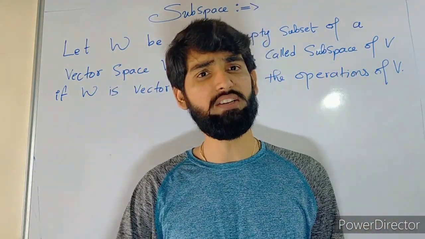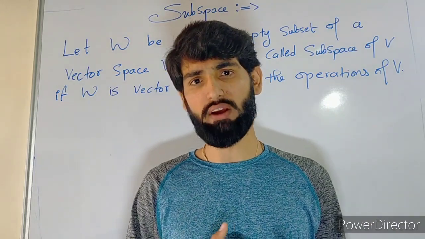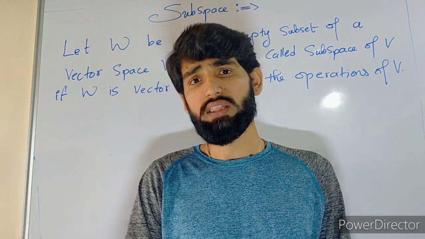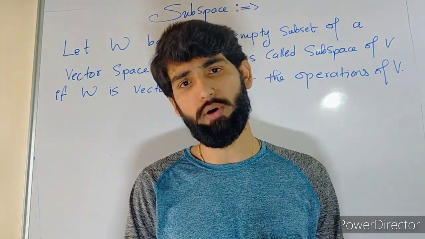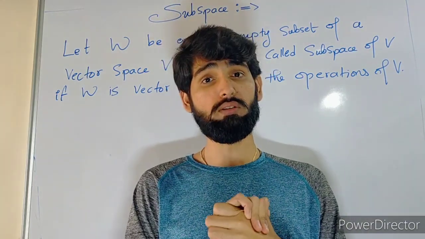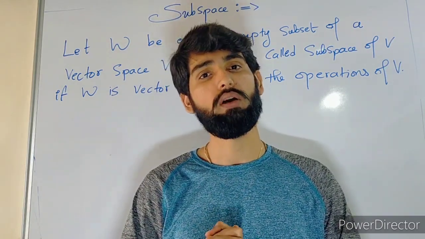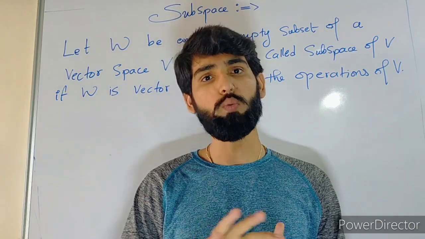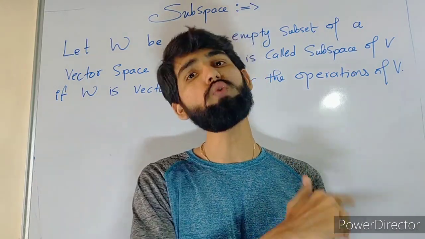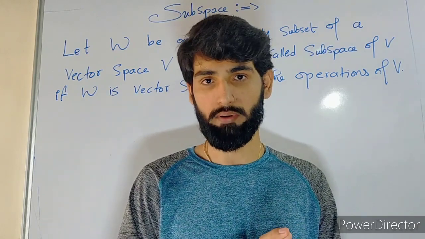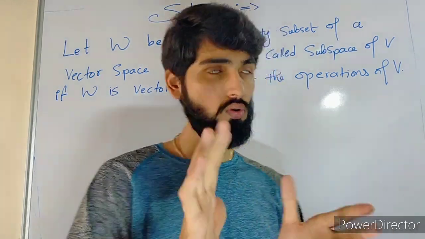But when I want to check whether a given non-empty subset is a subspace, there are some easy tricks, or an easy theorem, that help us. There is one stronger version which we will discuss, and for the two weaker versions I will give you the statements. The proof can be done in a similar pattern. Okay, let us do that theorem.